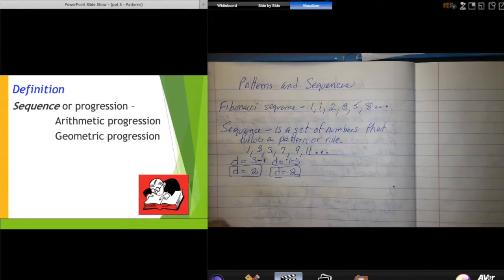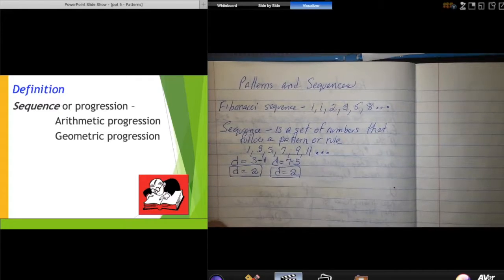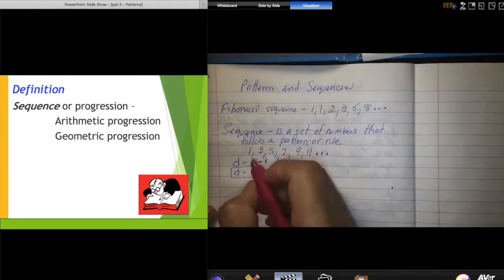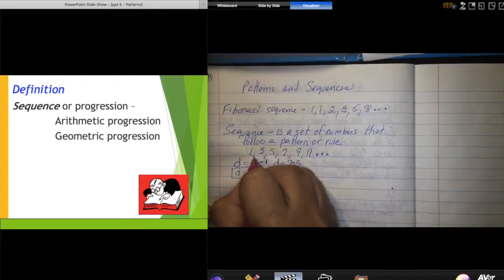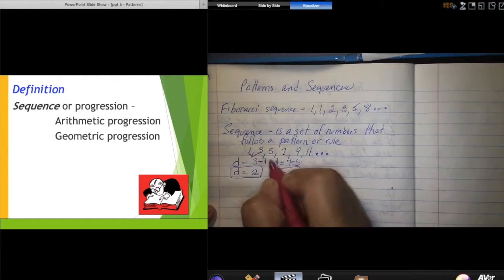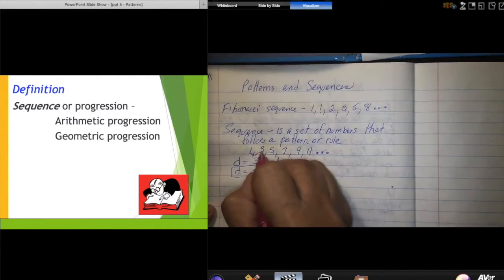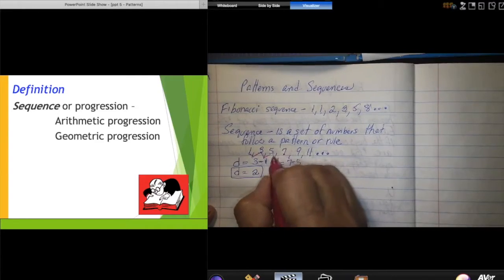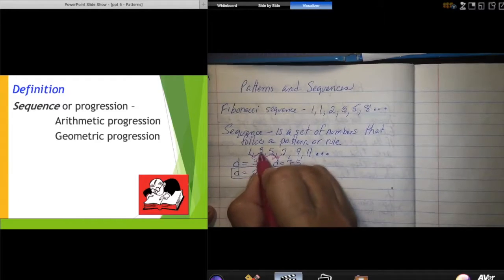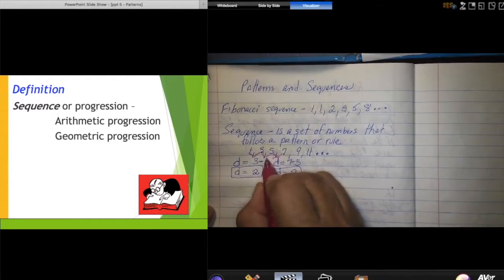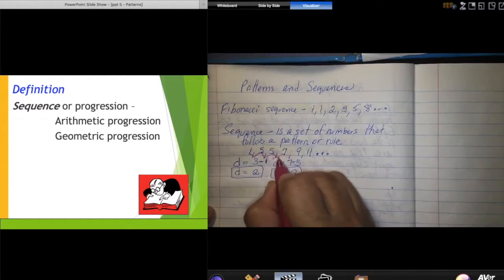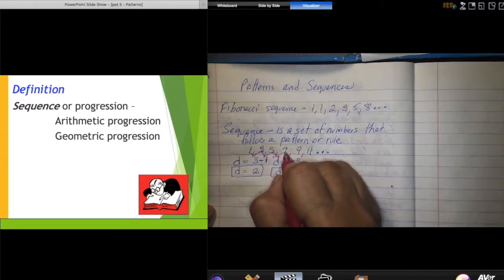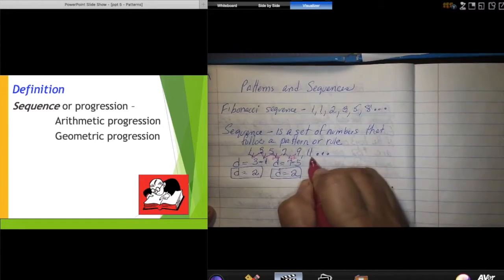What this means is my rule is plus 2. If I were to go from 1 to 3, I'm adding 2. 3 to 5, plus 2. 5 to 7. So 1 plus 2 is 3. 3 plus 2 is 5. 5 plus 2 is 7. And 7 plus 2 is 9, and so on.